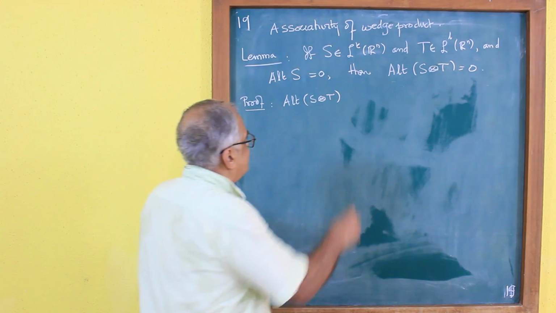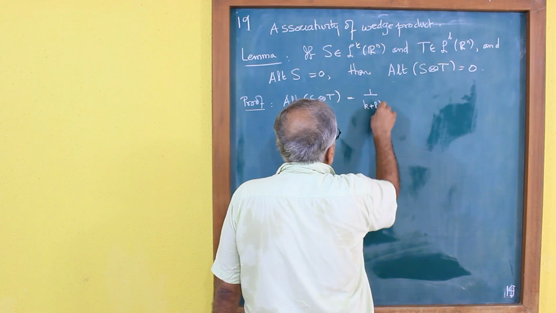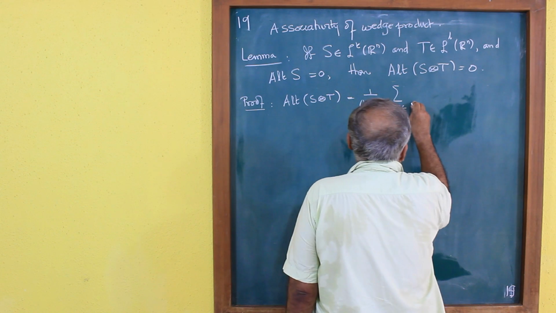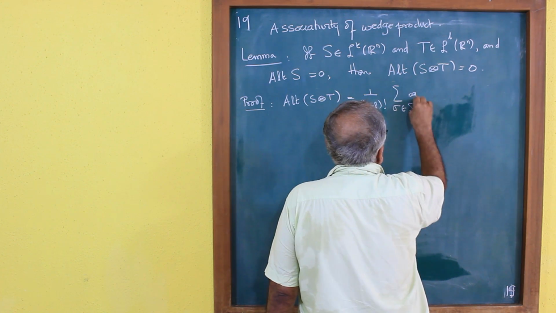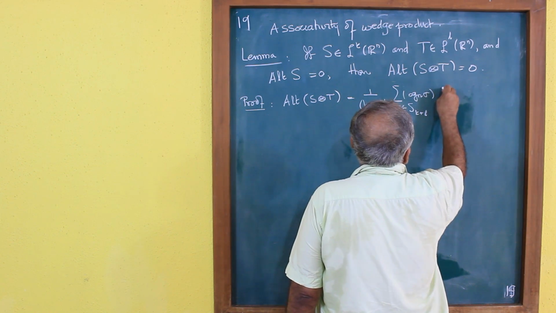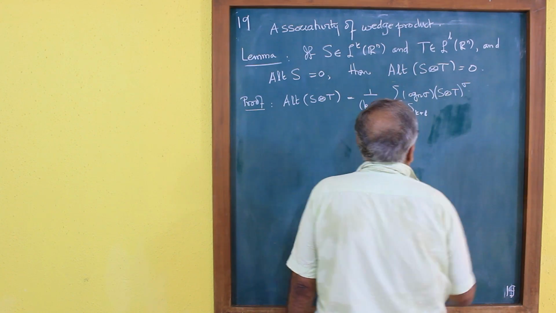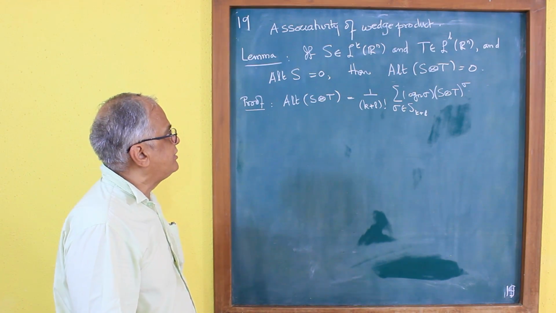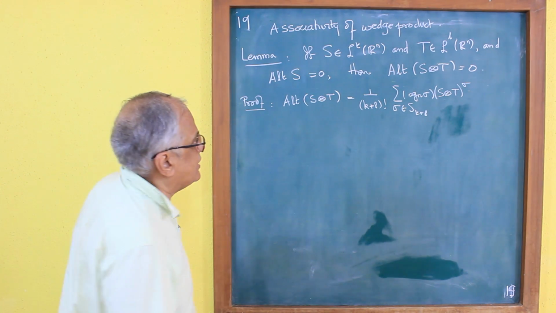So, alt of S tensor T is equal to, I want to evaluate it at some vectors which I will call V1 up to Vk plus l.